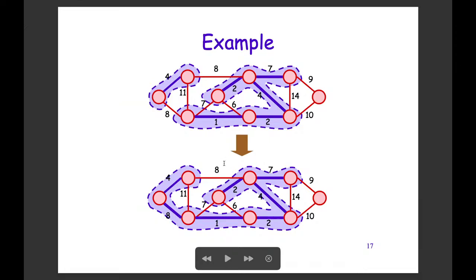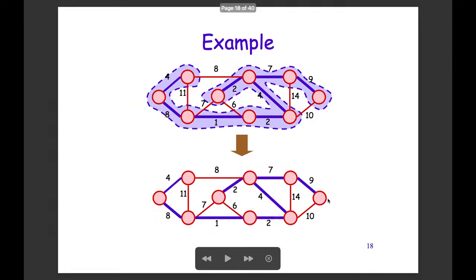And then this 8 will be seen, but it is now dropped because it's joining to itself. And after that, we will select the 9 and done. So once we have included every node in the spanning tree, then we are done. The edges that we have selected will be the solution of the minimum spanning tree problem.